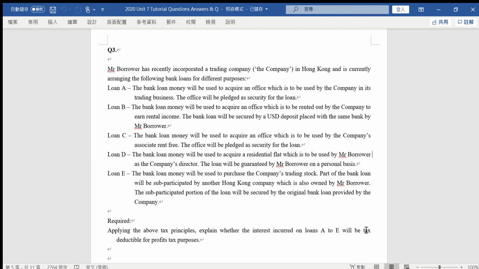Okay, let's say the amount being paid by the company is 1 million, this is the interest. But on the other hand, when there's a sub-participant portion by the associate, let's say it's just 400,000 only.